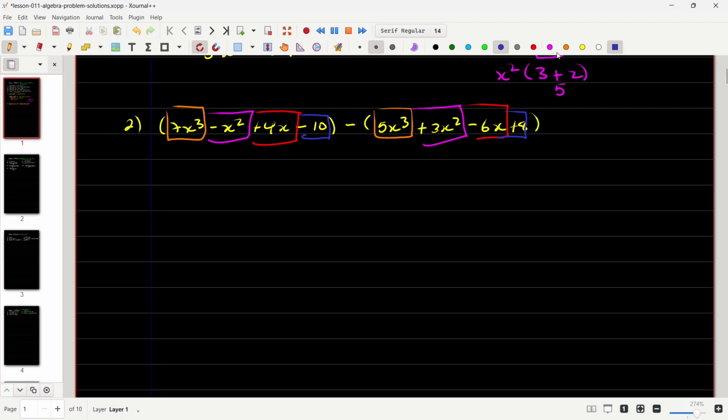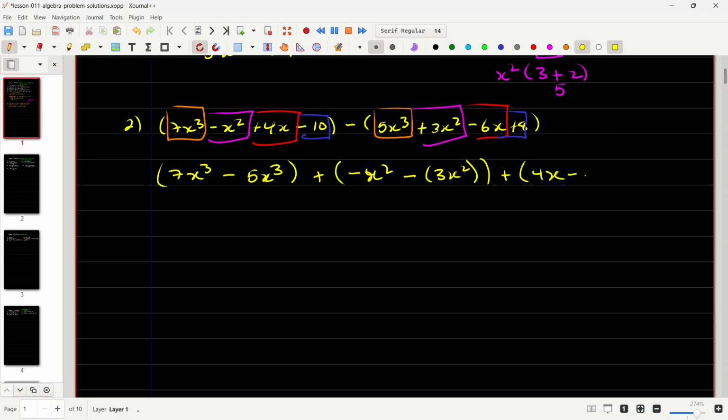All right, so group those together and add them. So we have 7x cubed minus 5x cubed. Since we have a minus sign in between here, we have to subtract them. Then minus x squared minus, open bracket, 3x squared, plus 4x minus 6x, plus minus 10 minus 8.